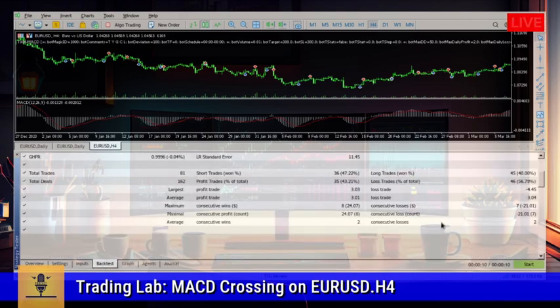But looking at the consecutive losses and wins, it tells us MACD has a higher risk on lower time frames. It could be better if we can filter the trend before we use MACD as a trading signal.